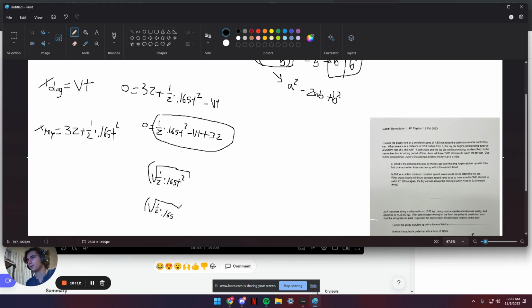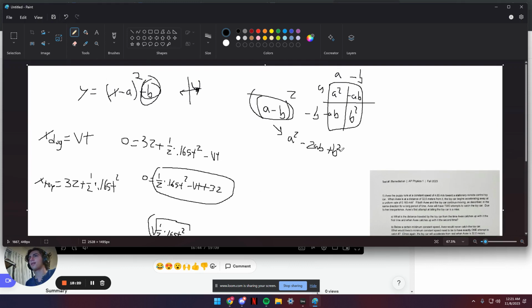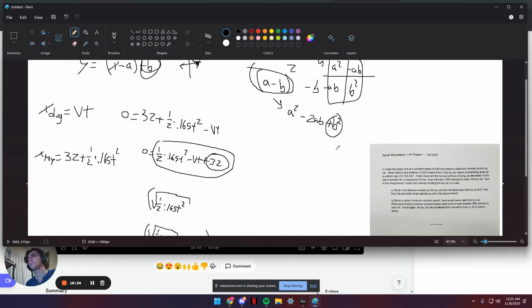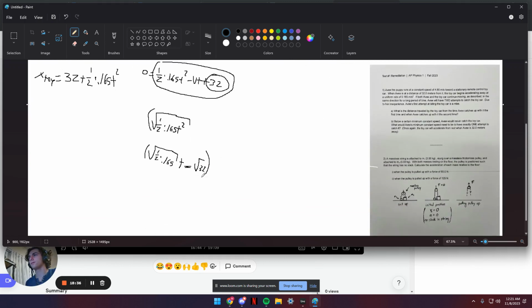So the first term is the square root of 1/2 times 0.165, times t. Then the second term would be subtracted, and again, how would we find the second term? Well, we know that the third one here is b squared, so working backwards, we find the square root of it, so minus the square root of 32. All that's left is this middle term, negative 2ab.